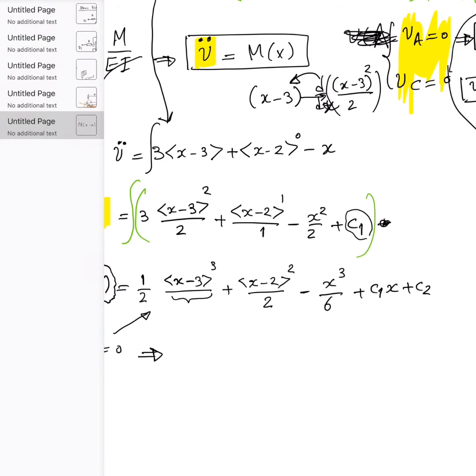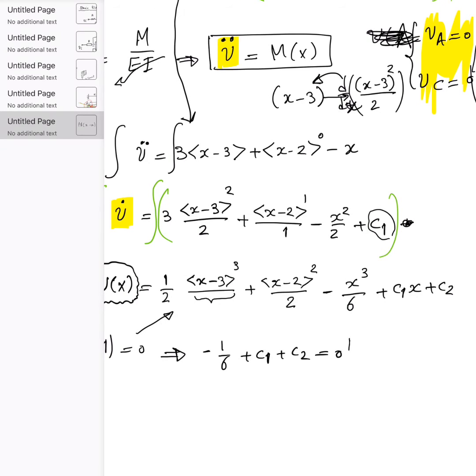So the only things that I have are the third, fourth and fifth terms from the left. So if I put x equal to 1, I get negative 1/6 plus C1 times 1, which is C1, plus C2 is equal to 0.